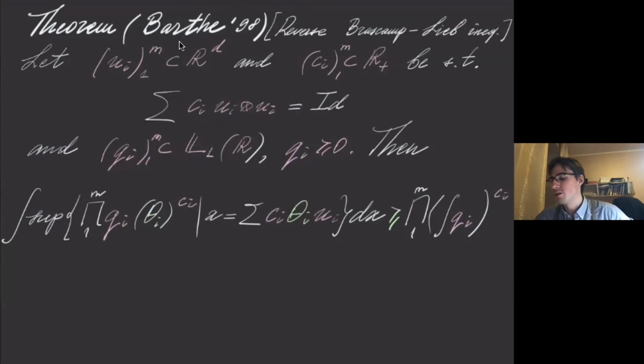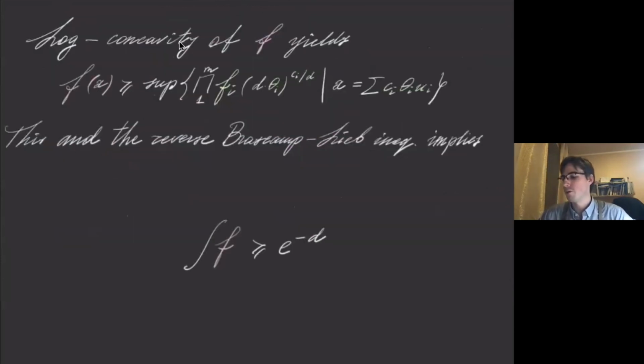And using this reverse Brascamp-Lieb inequality by Barthe, and log-concavity of f, we deduced that the integral of f that was put in such a special affine position is at most e to the minus d. And this solves our problem of finding an upper bound on the outer integral ratio of a function f.